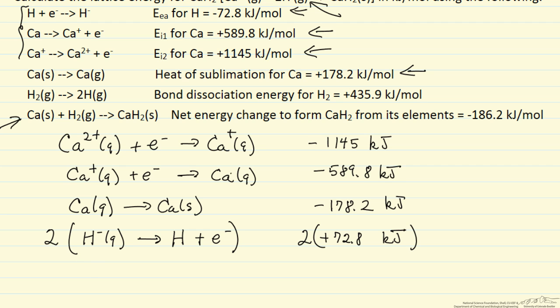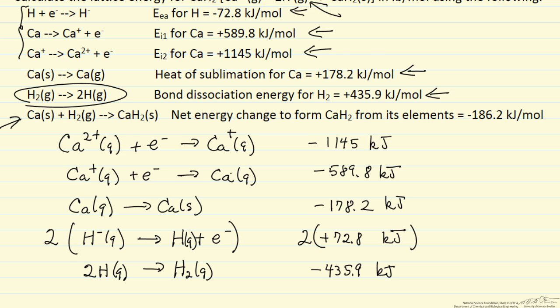And then we're going to take 2 hydrogen, and remember this is gas phase, and we're going to make H2 in the gas phase, and that's the reverse of this reaction. So minus 435.9 kilojoules. Note this reaction here is for 2 hydrogens.